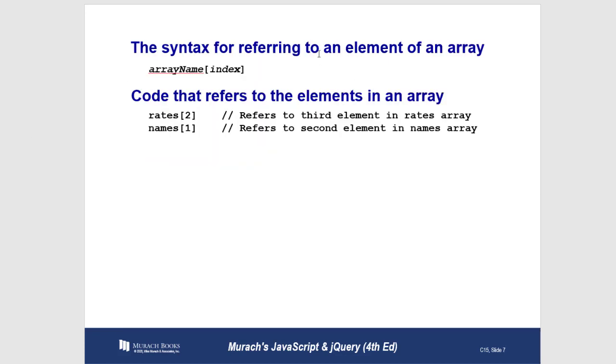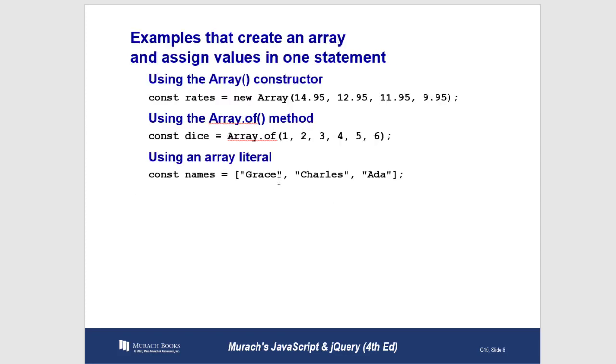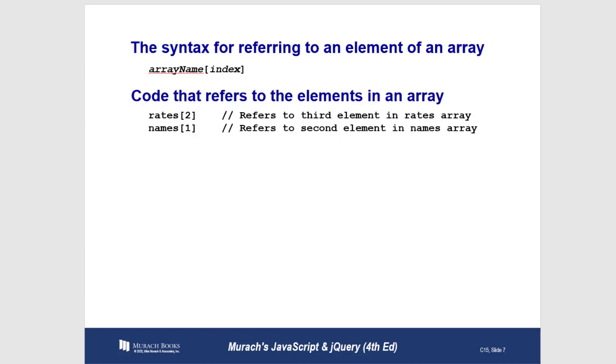The syntax for referring to an element in an array: once I have all these multiple items in an array, how do I actually access the individual items to get them back or to change their value? The answer is to use something called an index. You just apply the array name and then grab that value at that index.